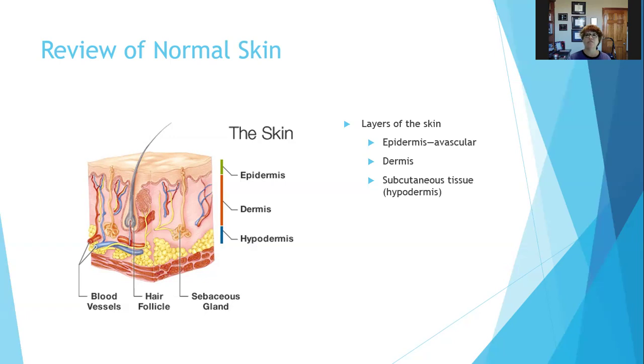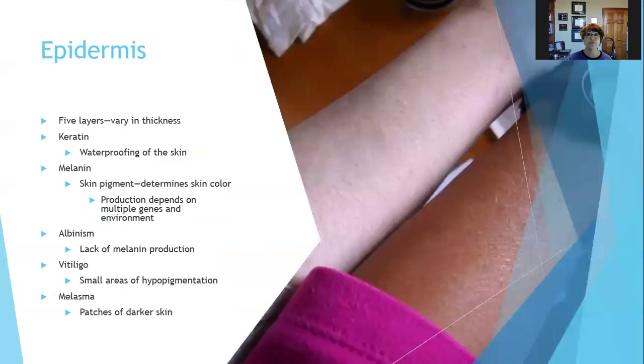The subcutaneous tissue, also called the hypodermis, has a fat layer for cushioning. There's a lot of connective tissue in the dermis and the hypodermis to give us our shape and kind of hold us together and give strength to the skin. So the hypodermis provides a lot of cushioning and strength, but it's also a place where the deeper blood vessels lie, and there's an underlying layer of muscle as well.